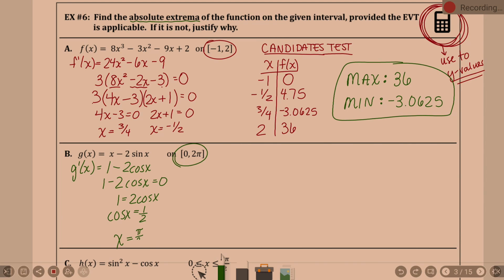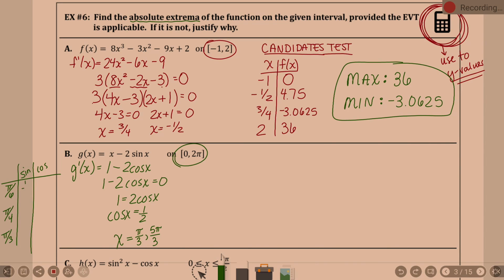Oh, what did you say? Are you with me? I just mentally drew the triangle in my head. There you go. Pi over 6, pi over 4, pi over 3, sine, cosine.